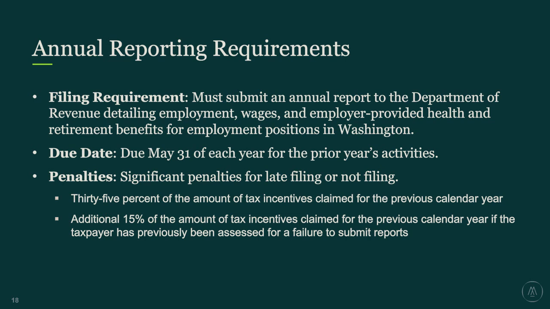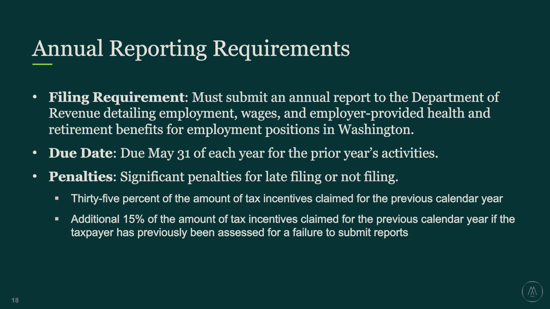If you're a repeat offender, that could get bumped up another 15%, so a 50% clawback. So it's definitely important to file the survey if you've taken incentives.